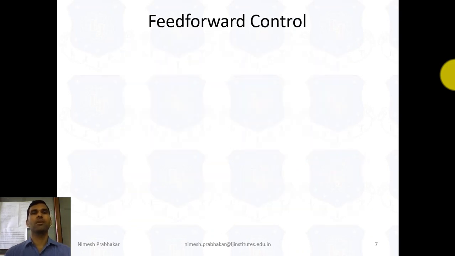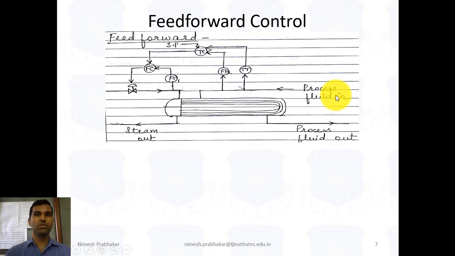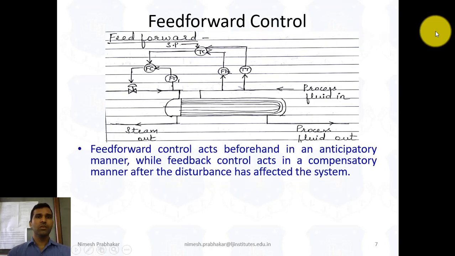Now the third type is the feed forward control. Now here we use a controller at the input side, that means on the steam flow side, and also we use it on the input of the fluid side. So as the name suggests, feed forward control acts beforehand in an anticipatory manner, while feedback control acts in a compensatory manner after the disturbance has affected the system.